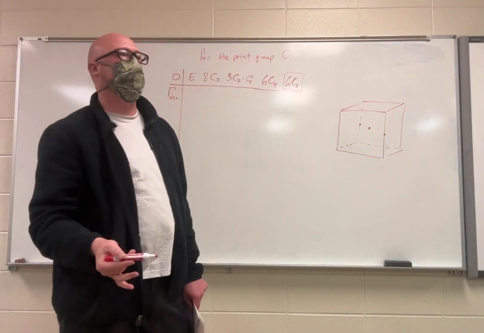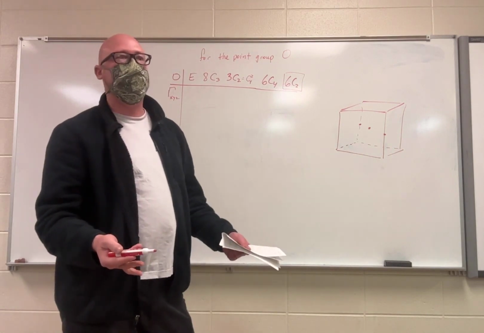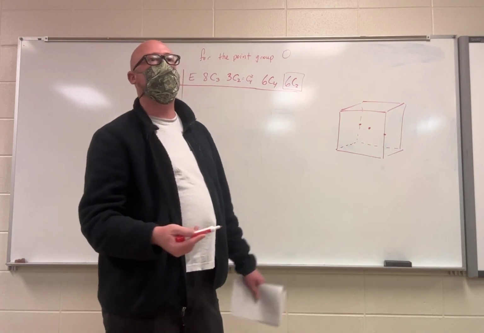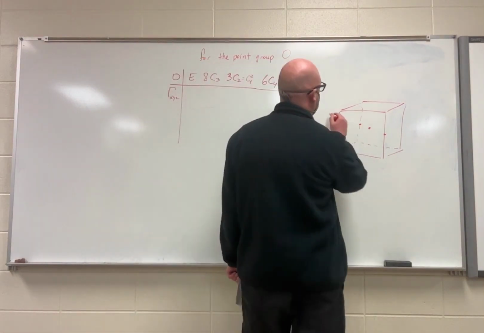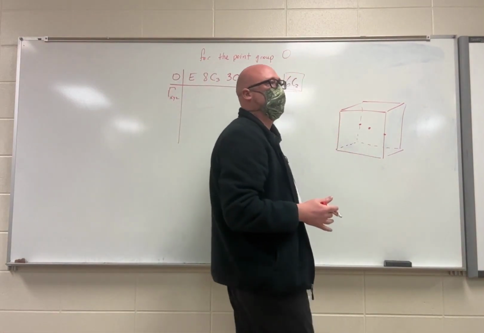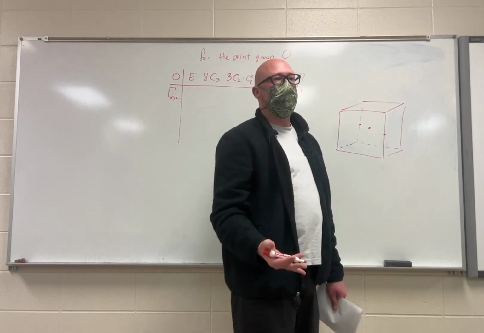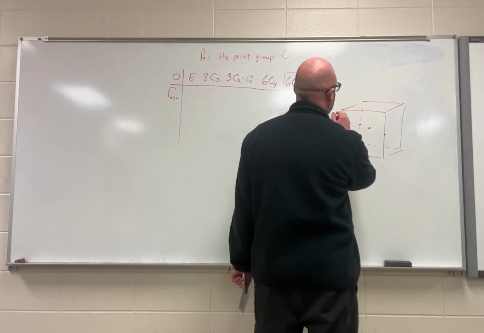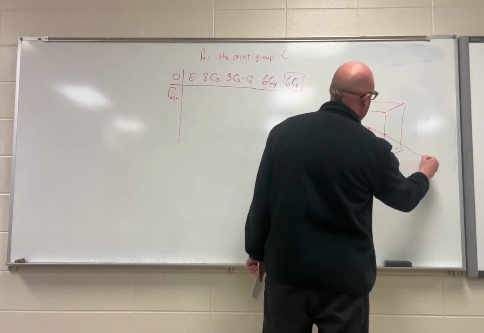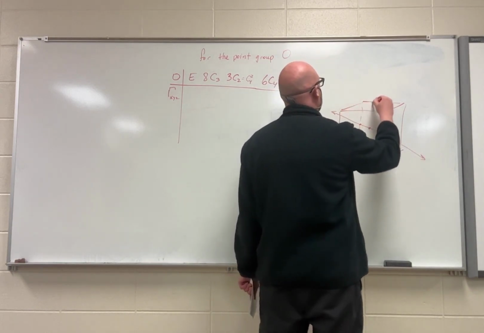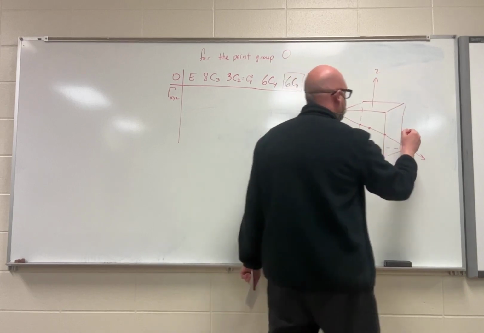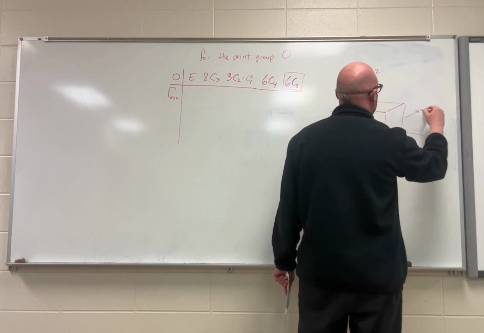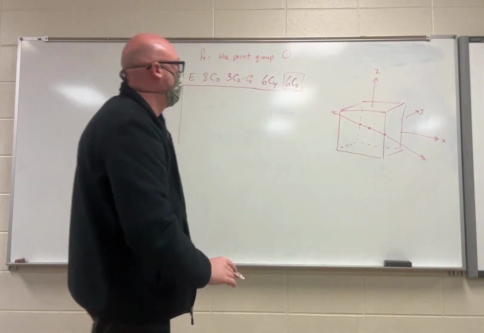So we have 12 edges of the cube. Any one of those C2 axes passes through 2 opposite edges, so there should be 6, right? And to write the transformation matrices, we can label each one of those C2s so that we understand their orientations in our Cartesian coordinate space. So we call that X, Y goes back, Z goes up.